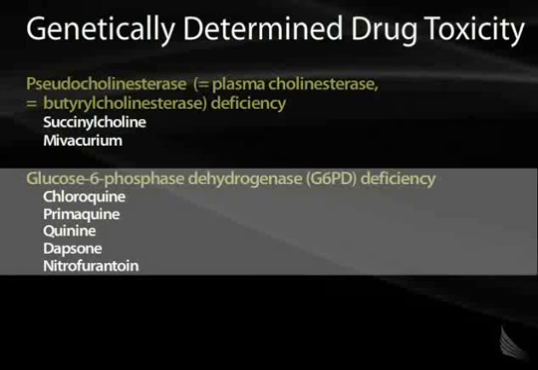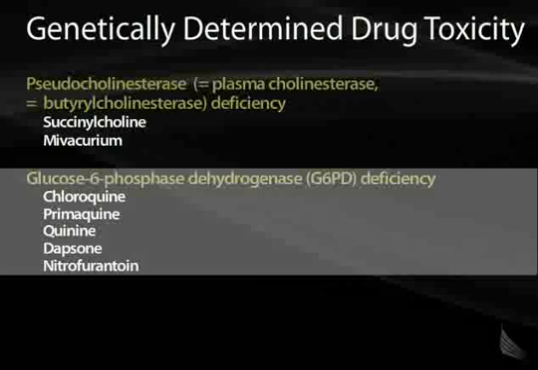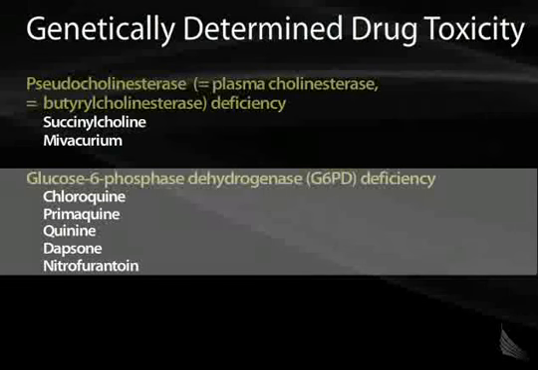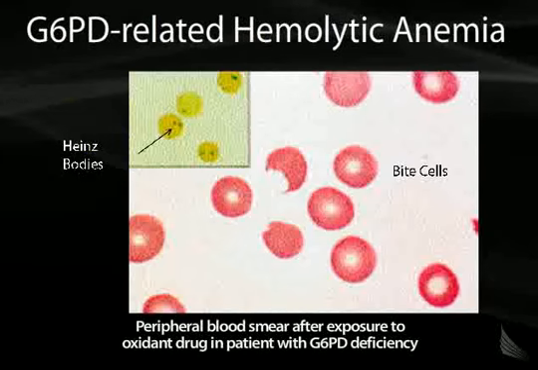Patients that have G6PD deficiency, when they take certain medications, such as the following, can develop hemolytic anemia. This is a microscope slide showing bite cells that are present in a patient that has G6PD deficiency after being exposed to an oxidant drug such as those that I mentioned.